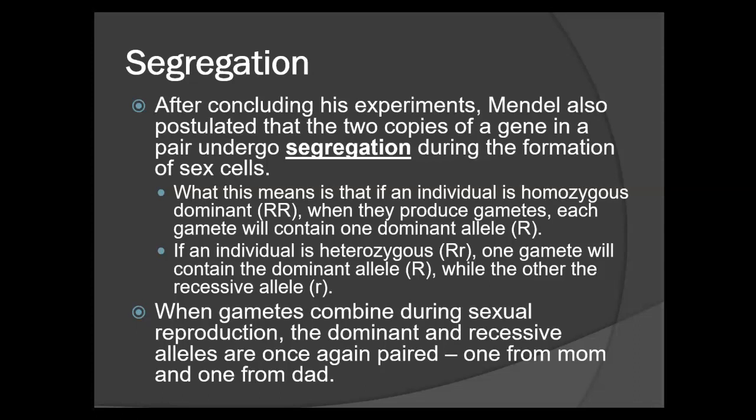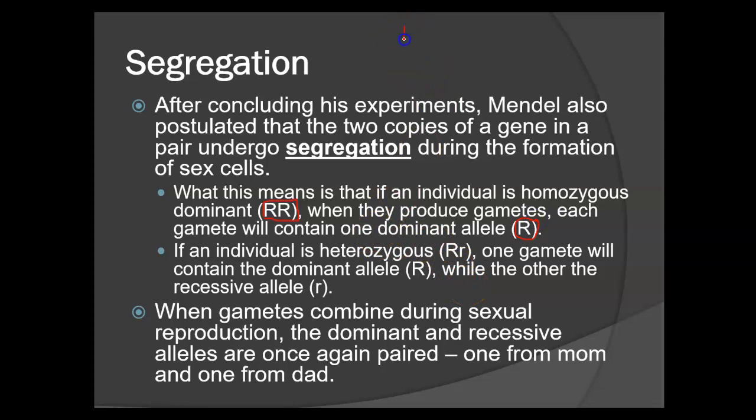So when the mother and the father are creating their sex cells, the alleles are separated from each other in order to create an egg or a sperm that has only one allele in it. So if the original individual was big R, then they are going to produce gametes that have only big R alleles in them. I hope that makes sense.